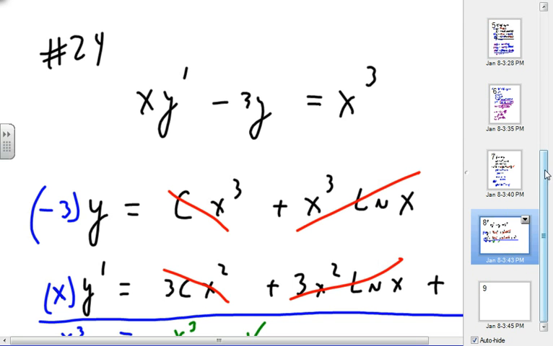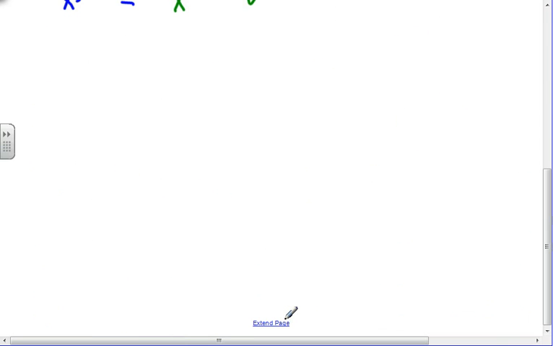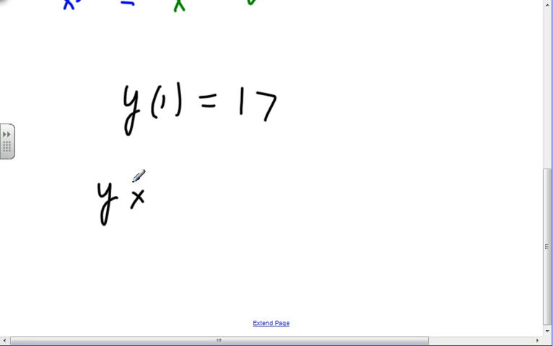All right, so we still have the other part of the problem to do, which is 24, right? So y at 1 is 17. So y of x is x cubed times c plus natural log x.